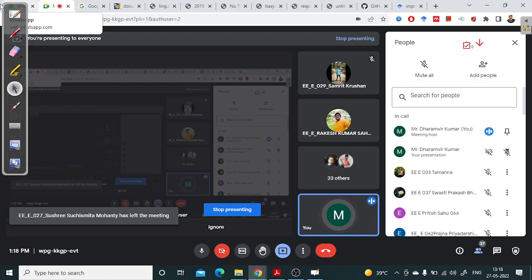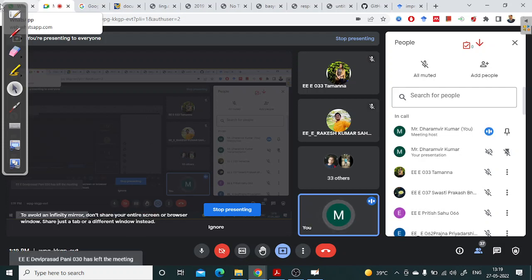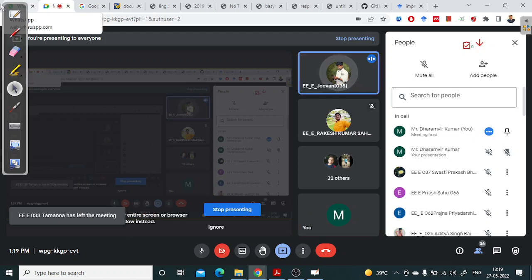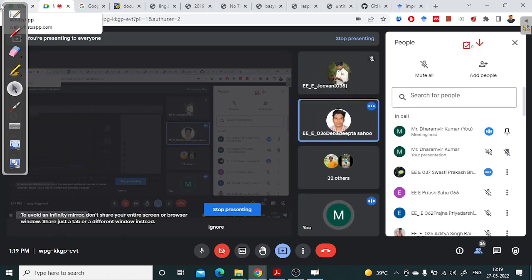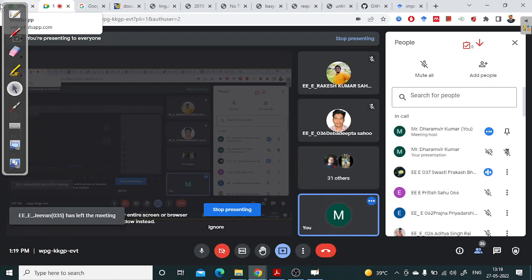Roll number 33, present, sir. Roll number 34, Chirag, absent. Roll number 35, present, sir. Roll number 36, present, sir. Roll number 37, present, sir. Roll number 38, present, sir.